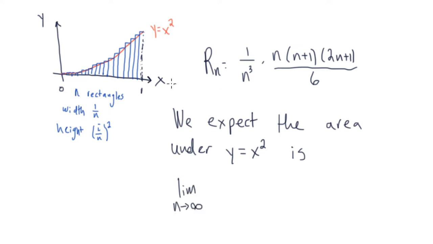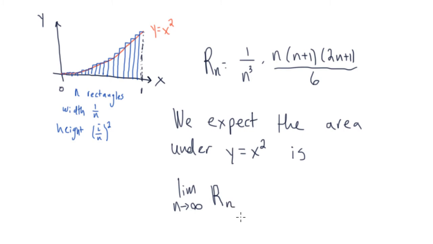Okay, so basically as we use an arbitrary amount of rectangles, so essentially infinitely many rectangles, now each one of those rectangles will be infinitesimally skinny. Infinitesimal is just kind of the opposite of infinite, just very, very small. So we expect the area is the limit as n goes to infinity of r sub n.